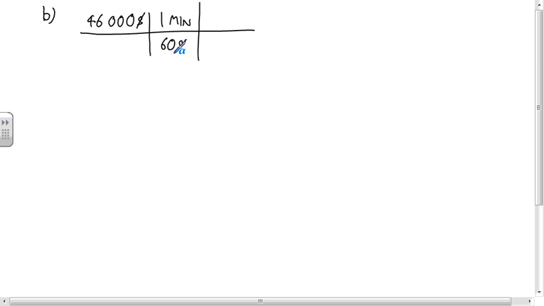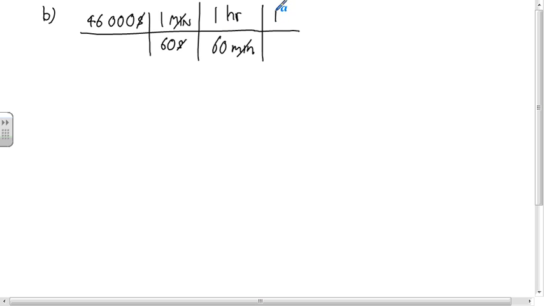So do I want 60 minutes over 1 hour or 1 hour over 60 minutes? Yep. So 1 hour over 60 minutes, and the minutes cancel. And then the last step, we want to go from hours, which we would have if we stopped here, to days.